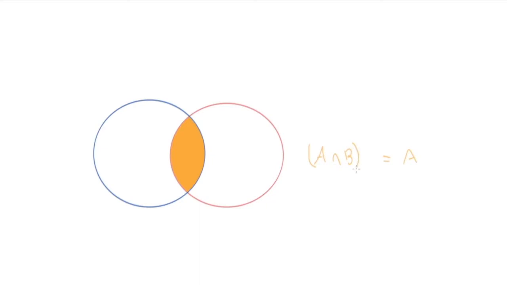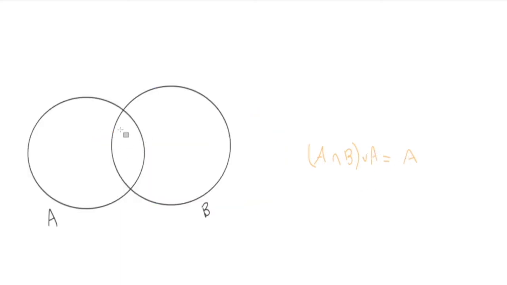We just need to find a way to get to the whole A circle. All we need to do is take the union of the almond shape, A intersect B, with A, and then we get A. So A intersect B union A equals A.